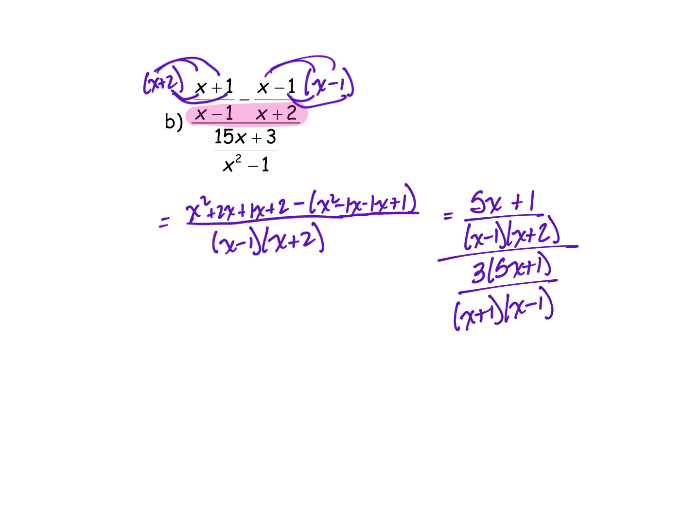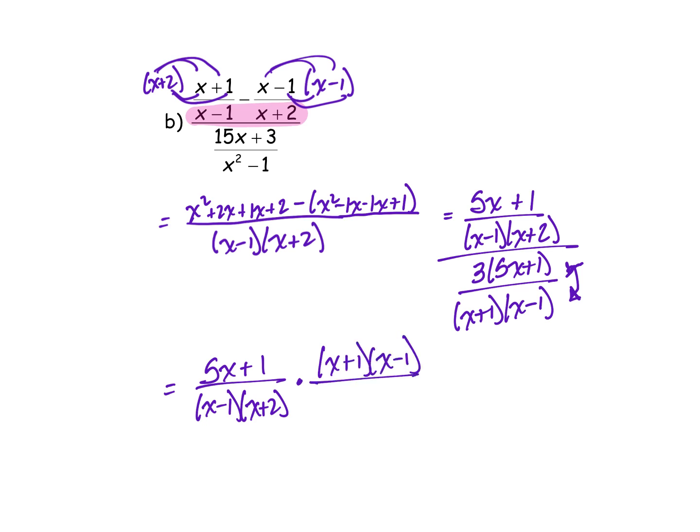So it's a divide problem. So I want to flip this one and turn it into a times problem. So I'm going to get 5x plus 1 over x minus 1 times x plus 2 times x plus 1, x minus 1, all over 3 times 5x plus 1.